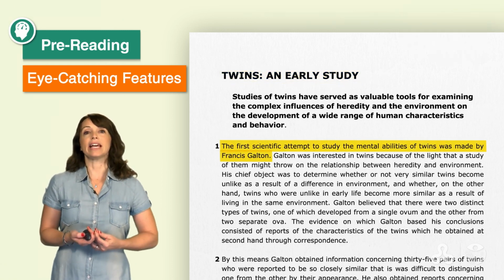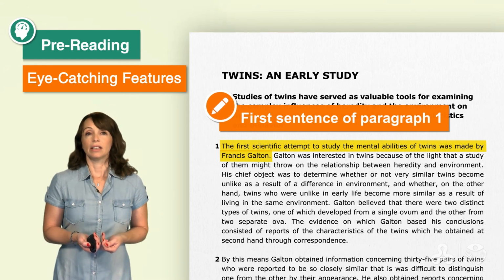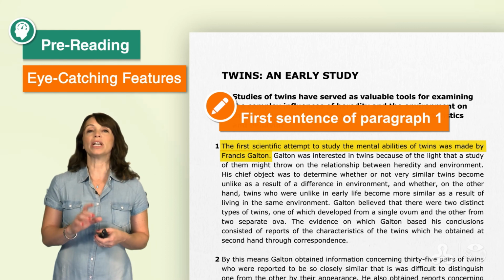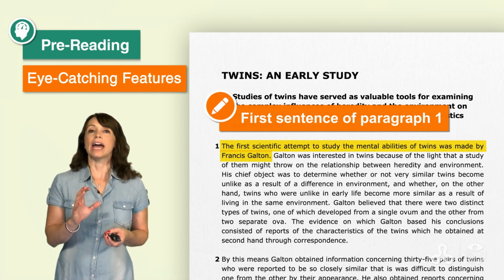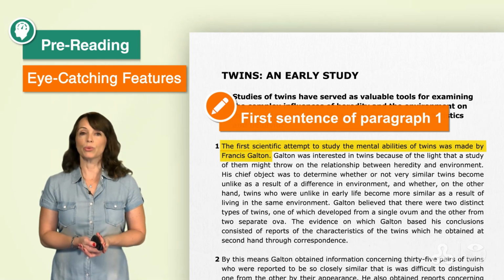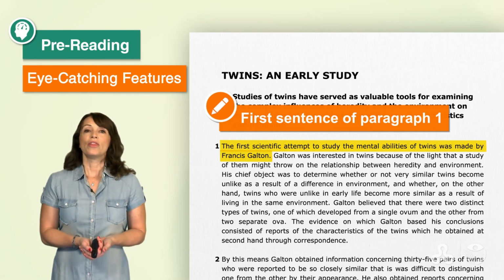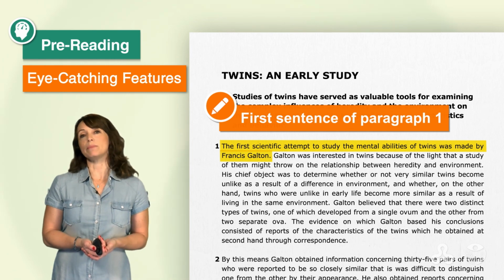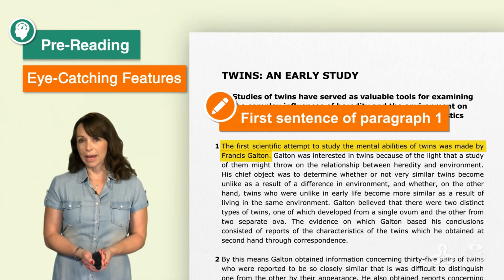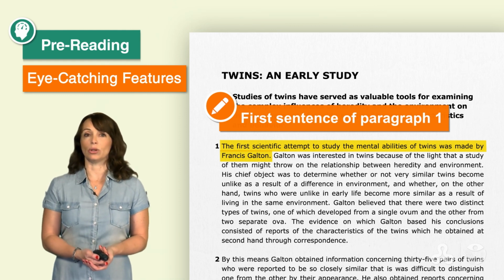Now let's look at the first sentence of paragraph 1. Remember, a lot of the times the beginning of the text reinforces the information we get in the title. So let's read the first sentence together. The first scientific attempt to study the mental abilities of twins was made by Francis Galton.